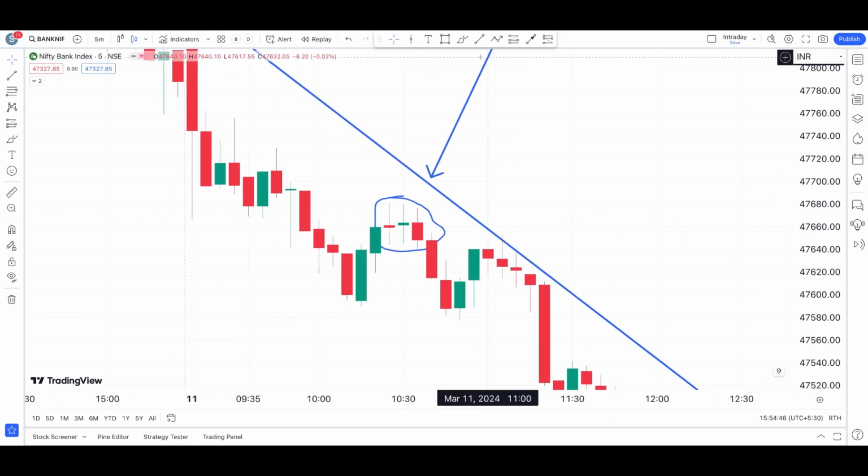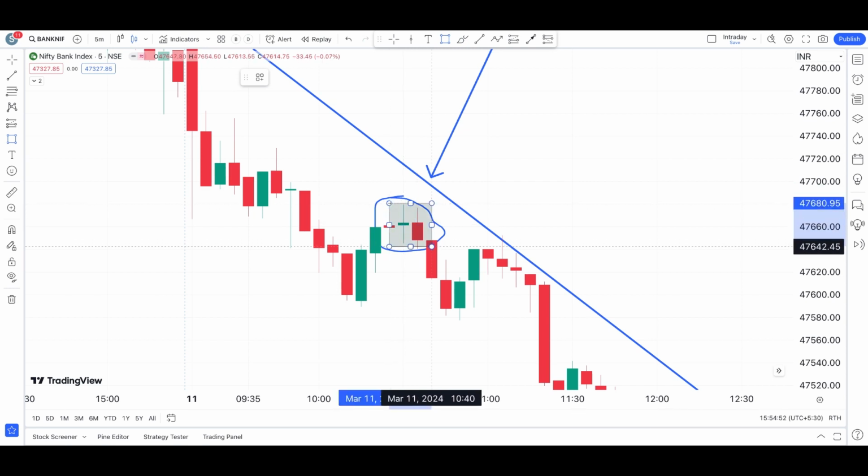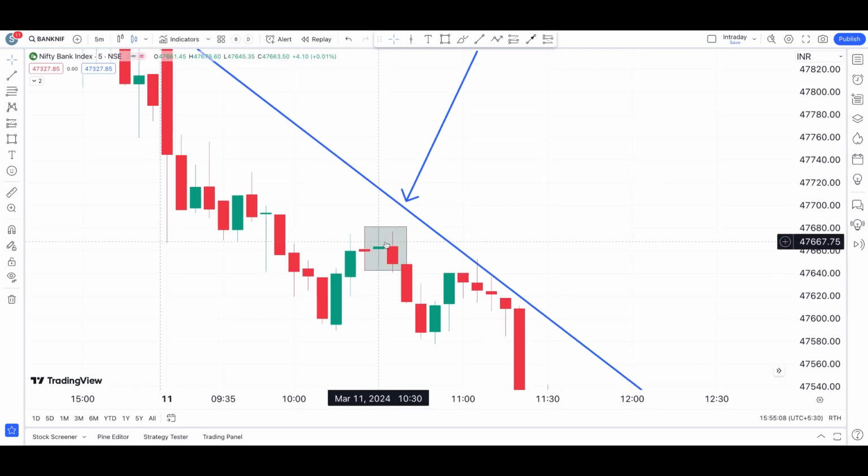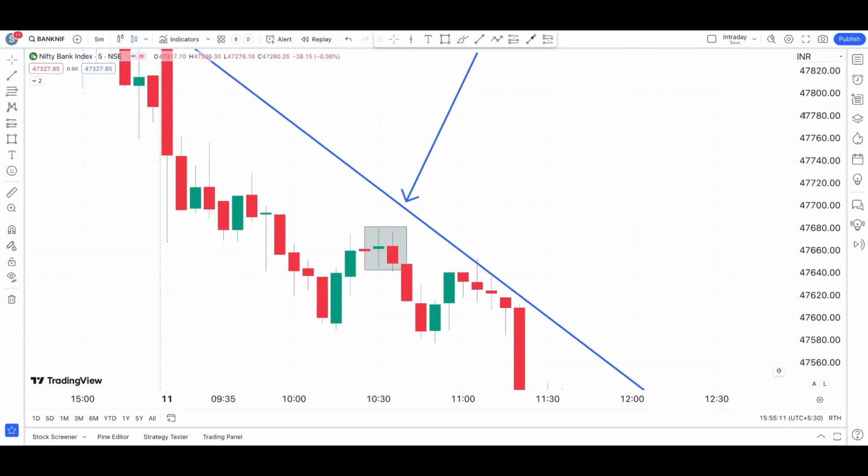If you notice these two candles, the 10:30 and 10:35 candles, this red candle is completely engulfing the previous candle, and moreover the first candle is very small. So some might think there was bearish momentum there, and yes, there was bearish momentum here.